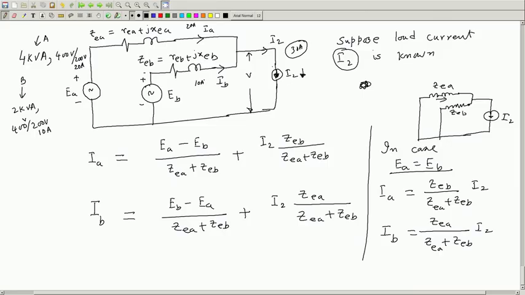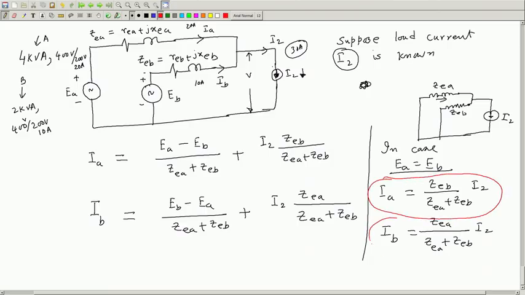Your load is taking 30 ampere, transformer A is capable of delivering 20 ampere, transformer B is capable of delivering 10 ampere, and this is the most desirable thing, it should happen. But the distribution of this total current is fixed by these relations.